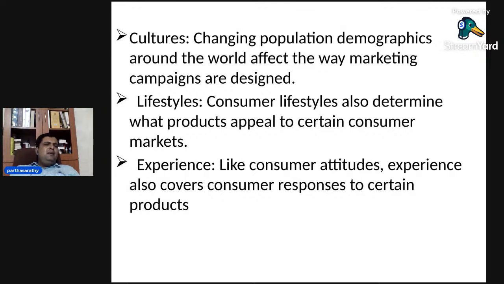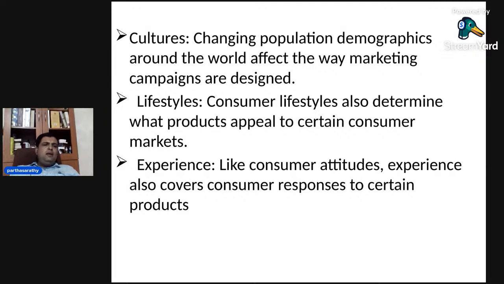Likewise, in America, selling a beef burger is not restricted because it is culturally accepted. These cultures are very deeply rooted beliefs that an individual has, and these things play a very important role.